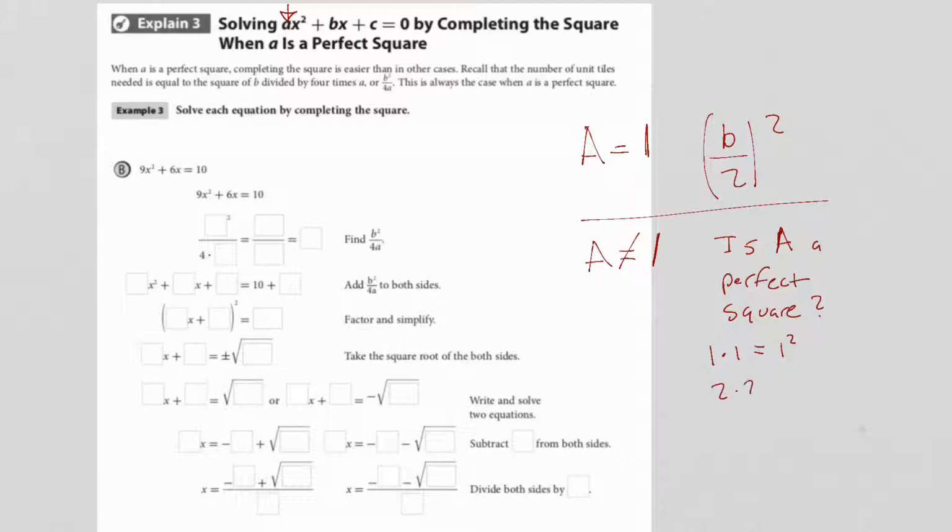Well, what's another perfect square? 2 times 2 would be 4. So if a were 4, that would work, because 4 is a perfect square. And what about 3 times 3 makes 9?